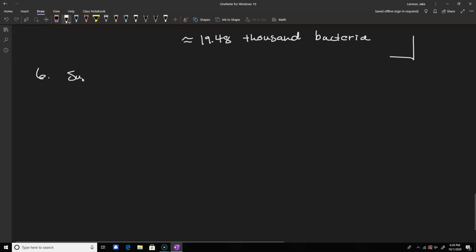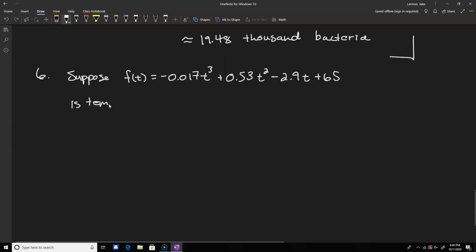Suppose we have this function, and it's going to look a little bit messy just because it's from a real model, so the decimals are kind of small. Negative 0.017t cubed plus 0.53t squared minus 2.9t plus 65 is the temperature in degrees Fahrenheit, t hours after midnight.